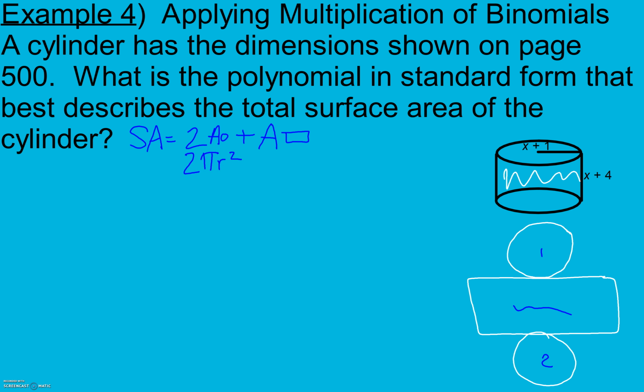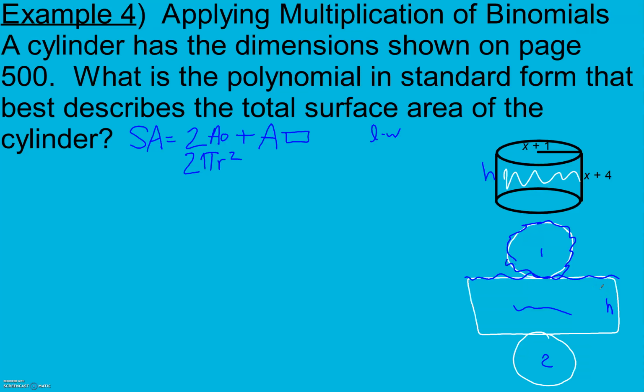The area of my rectangle here, this is going to be the height of my cylinder. To find my length, remember length times width here, it's going to be the circumference of the circle. If I wrapped this all the way around my circle, that would be the same distance.